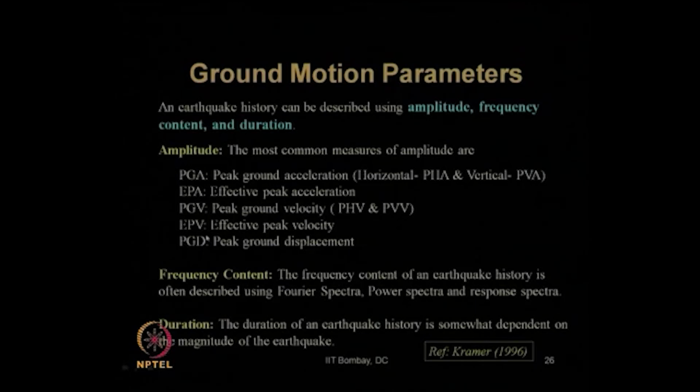So, EPV is the effective peak velocity, and PGD is called peak ground displacement. So, we need to consider the peak value of how much ground displacement occurs. In this case, remember, we are not using EPD. Why?